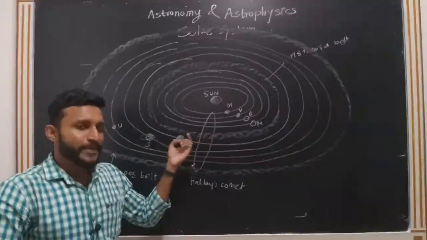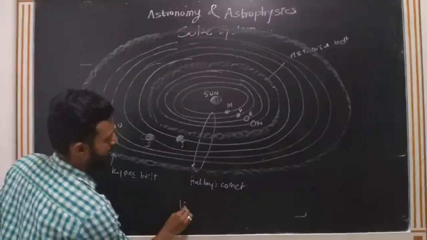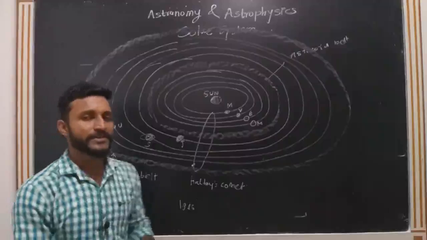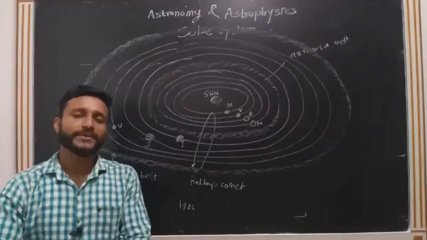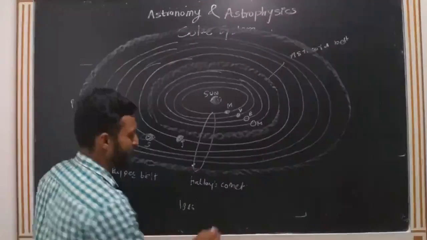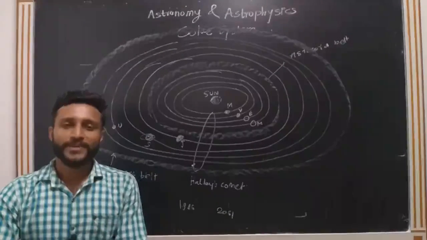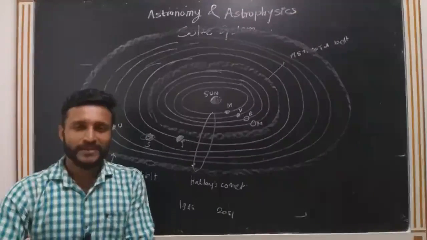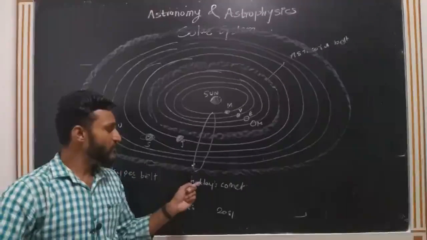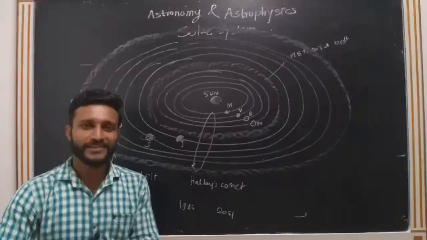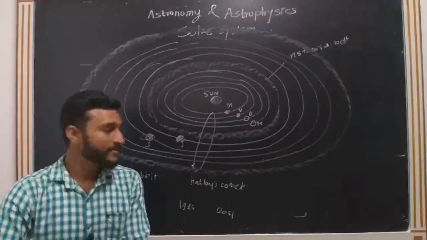Last it appeared in 1986, and next it will appear in 2061. That time maybe you will be a retired person, but you can see Halley's comet in 2061, and I am sure that I won't be here at that time, maybe in the other universe.